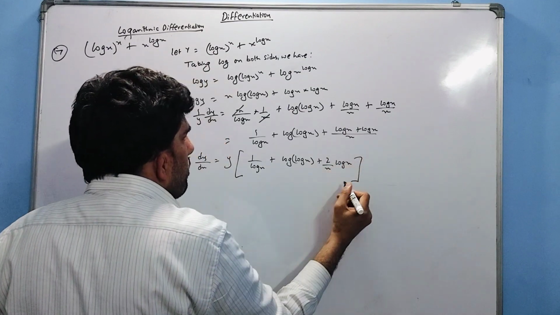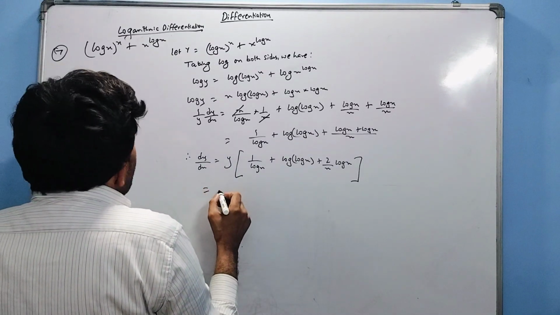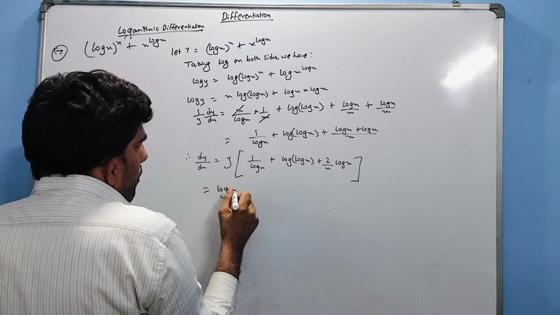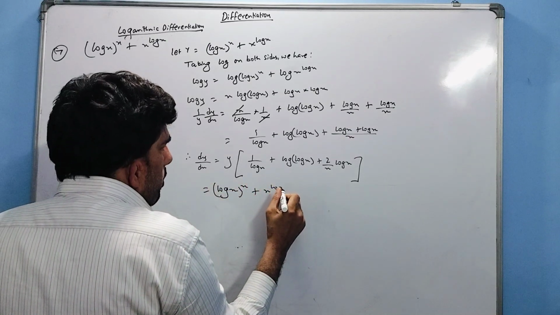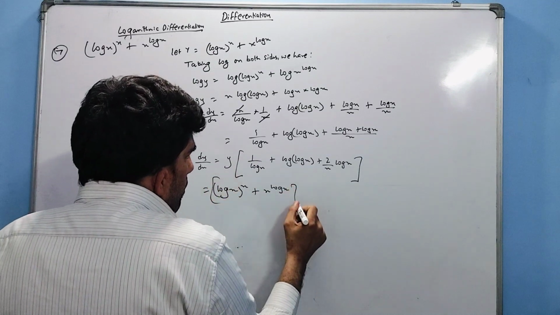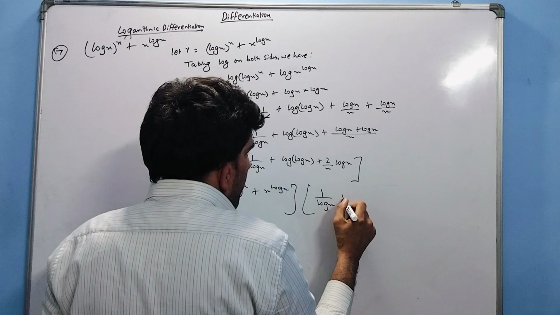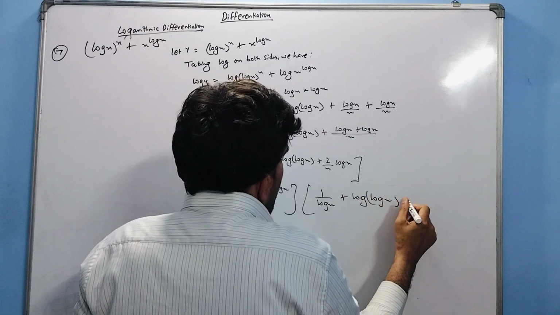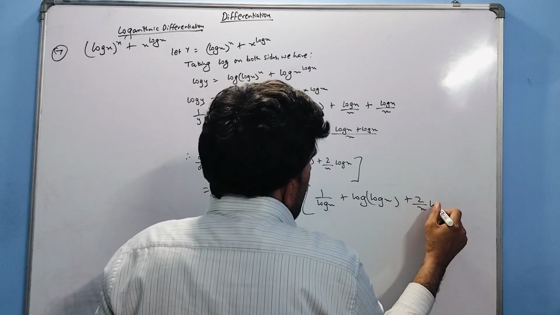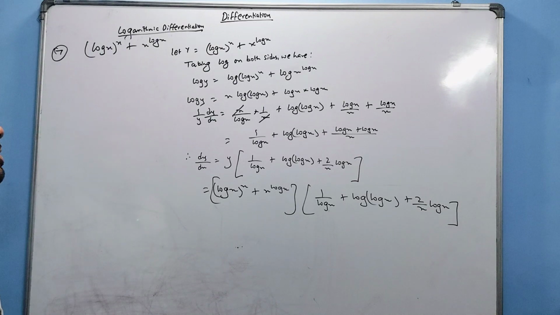Okay, so now we can put a value of y. What is y? We have log of x is power x plus x is power log x, and we'll add this 1 upon log x plus we have log of log x plus 2 upon x log x. Okay, so that is what we have here.